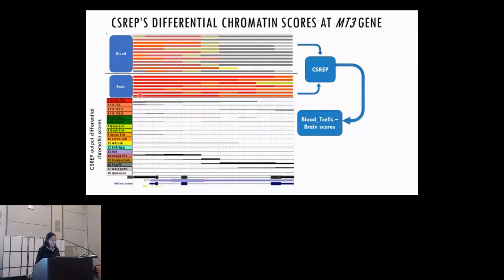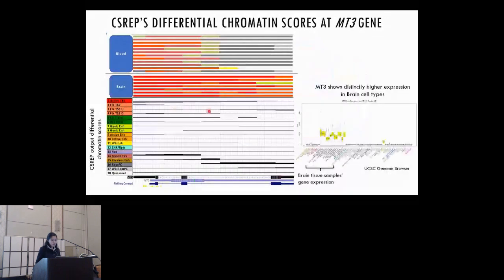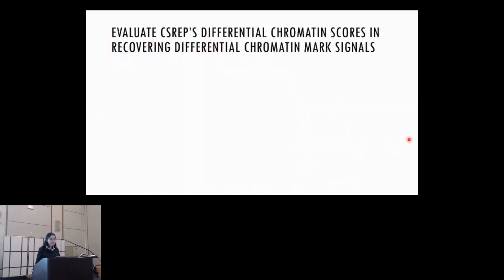It's all negative, meaning brain is more likely to be annotated as an active transcription start site in this region compared to blood. And we know that the AMT3 gene has been shown to have distinctly higher expression in brain cell types according to GTEx data, which is consistent with what we observed with CS-REP.